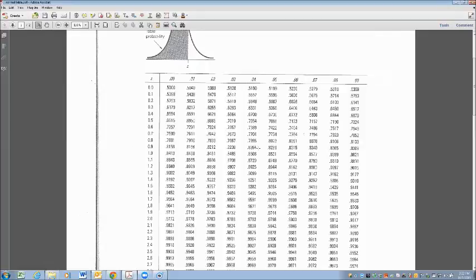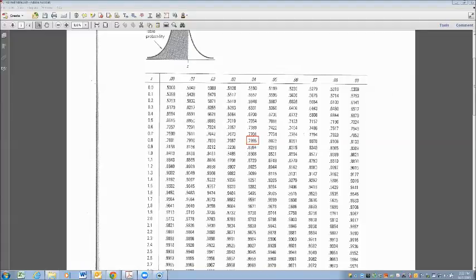So I want to try to find the value in the body of this table as close to 0.8 as I can get it. Well, the best that I can hope to do is 0.7955.